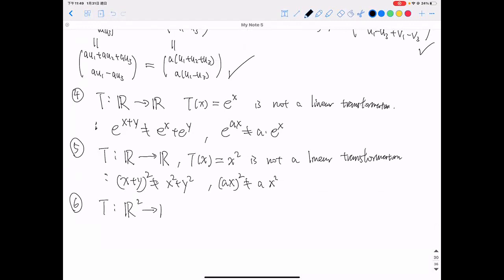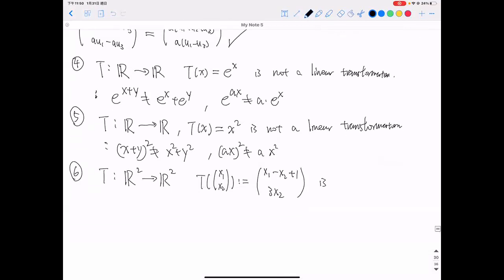Now, even some milder examples are not necessarily linear transformations. Suppose you have the following map or function from R2 to itself, given by sending (x1, x2) to (x1 minus x2 plus 1, 3x2).